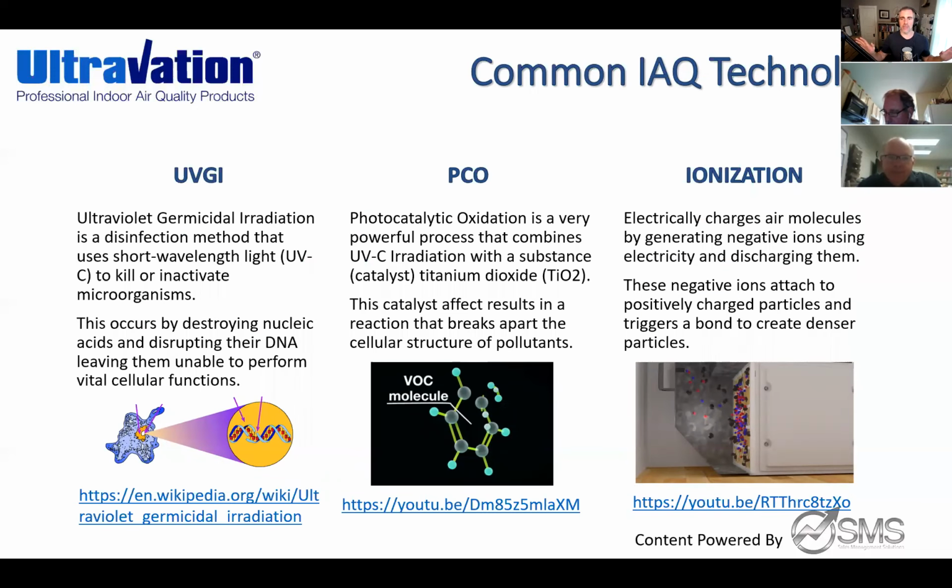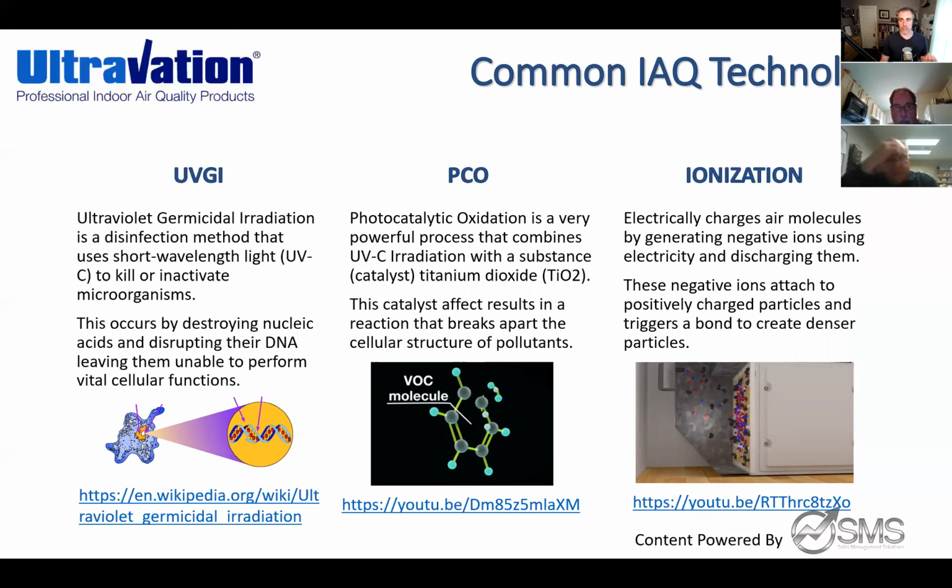Let's clarify some terms, okay? The IAQ technologies that Ultravation can impact are UVGI, PCO, and ionization. The reason I clarify UVGI is that is what the ASHRAE guideline refers to. That is what the handbook talks about. A lot of people don't realize. They just throw around the word UV all the time.